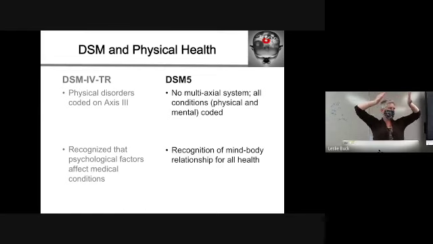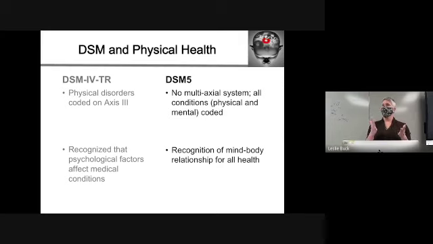It kept that separation of thinking. The DSM-5 did away with that. They threw out this multi-axis system. They said all diagnoses should be diagnosed and coded equally. There shouldn't be a tiered system that separates things. And so this is part of the DSM's attempt to really help dispel this mind-body myth that we have.